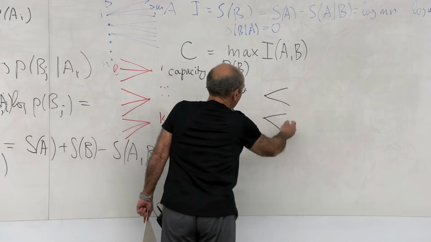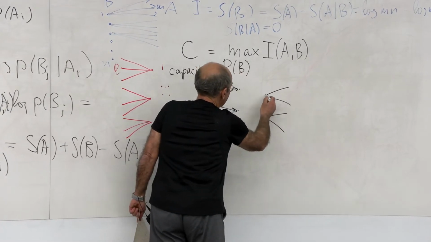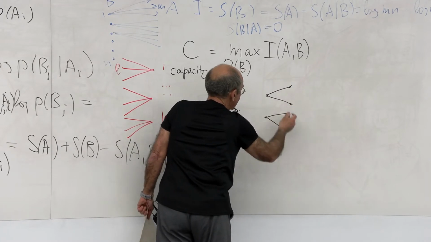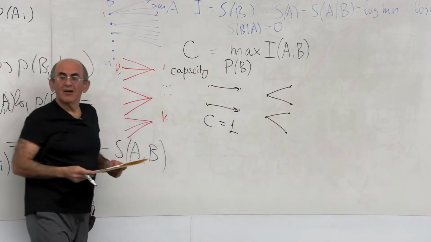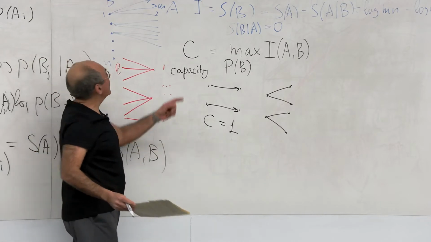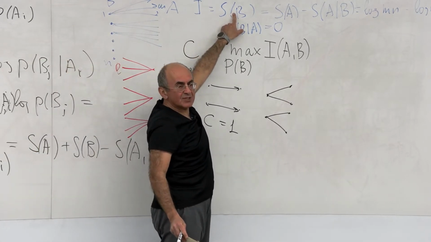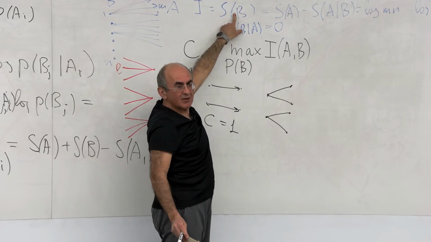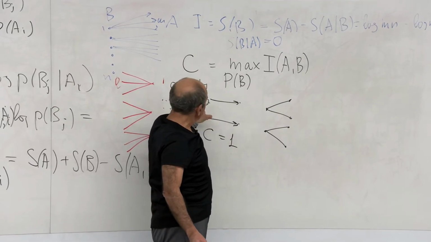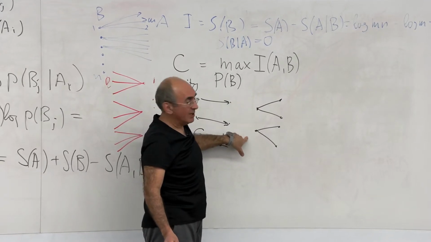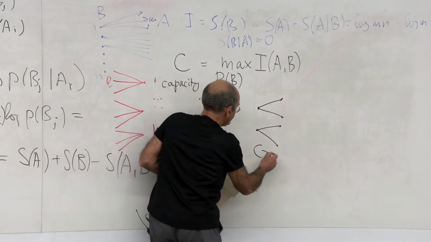It's either 2 or 1, because here I have entropy 2 and here I have 4. But what would be the capacity? It's an illustration of this formula. What is S of B here? It's 1/2 log 1/2 plus 1/2 log 1/2. It's 1. So it's again C equal to 1.